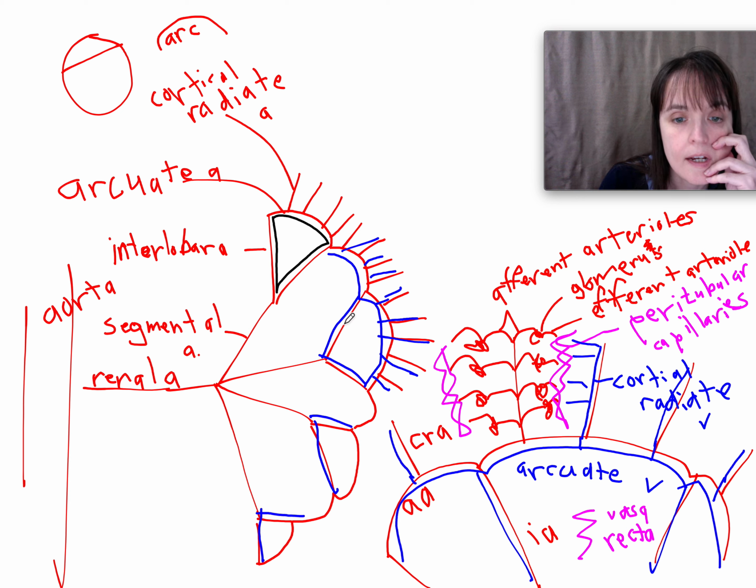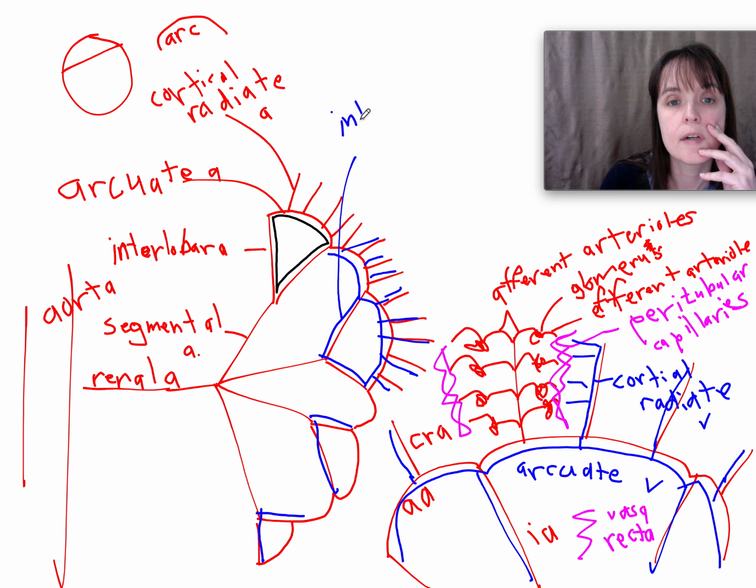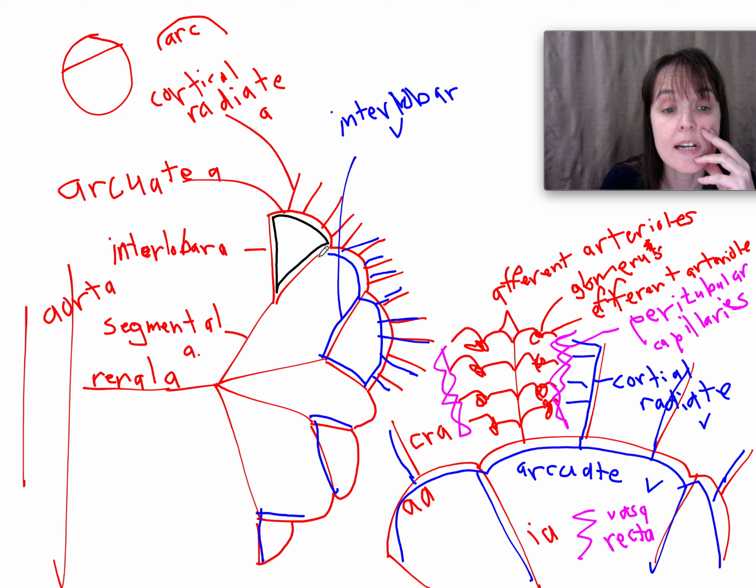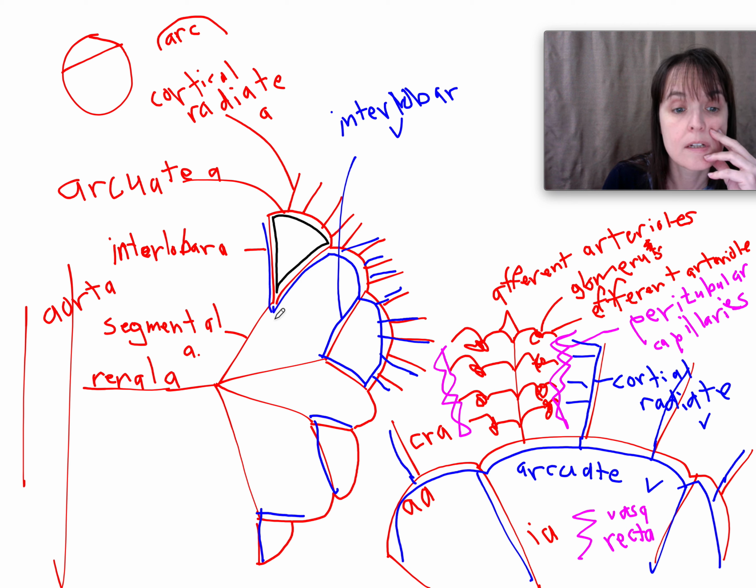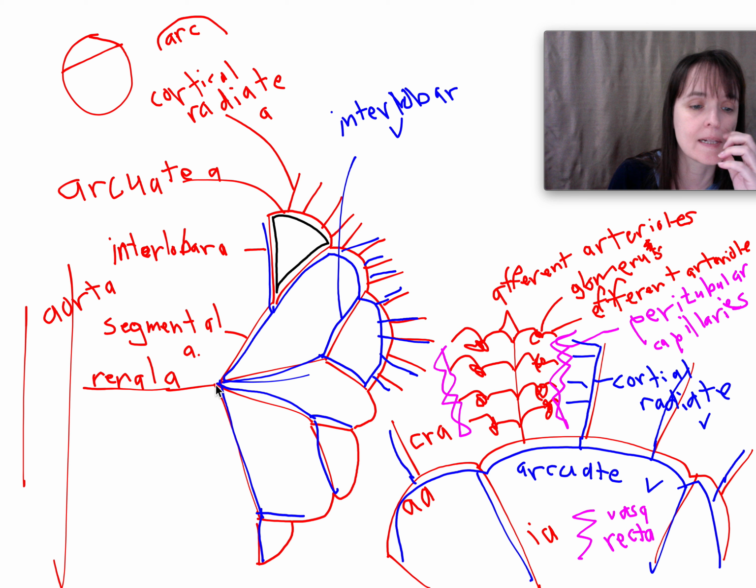Okay. And then we have lobar veins that run down the sides of the pyramids. And then oddly, we skip the term segmental vein, and I'm not clear on why.